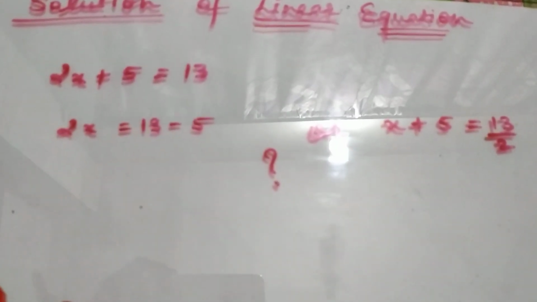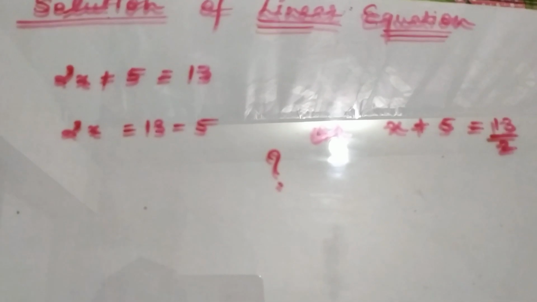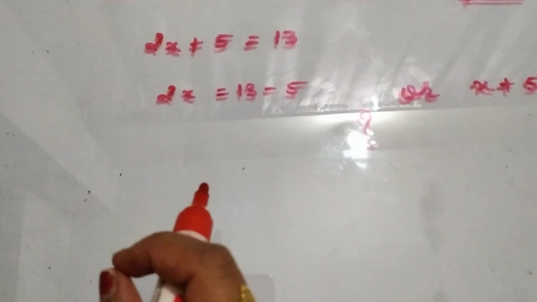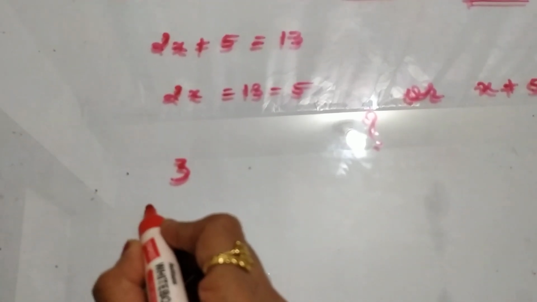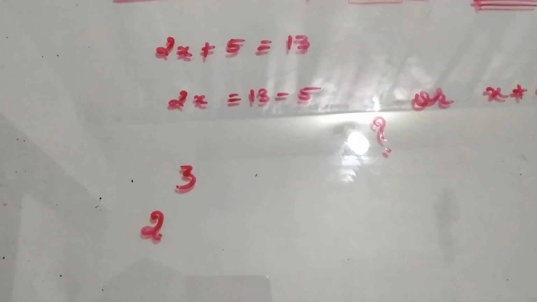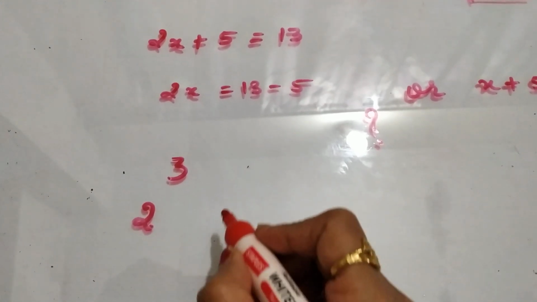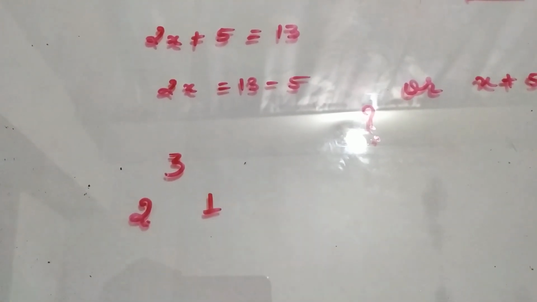So which number we take first is our major problem. First, let's listen to a story. Suppose you are 3 friends. Among them, 2 are close and 1 is just a friend, right?